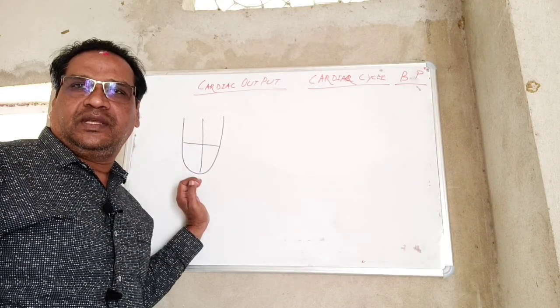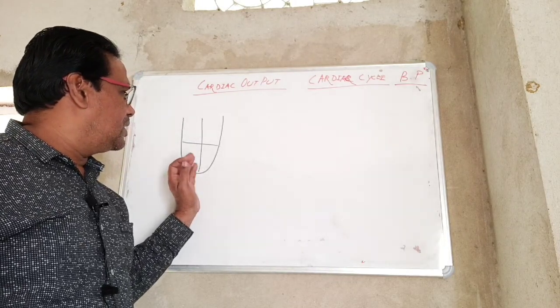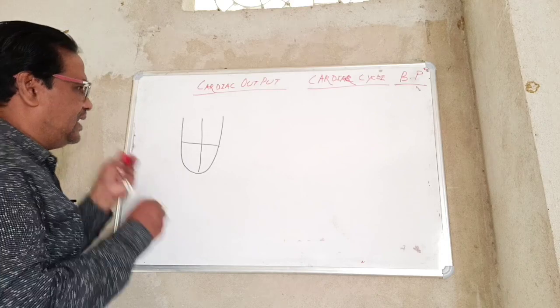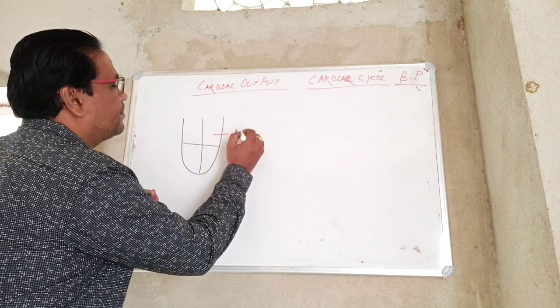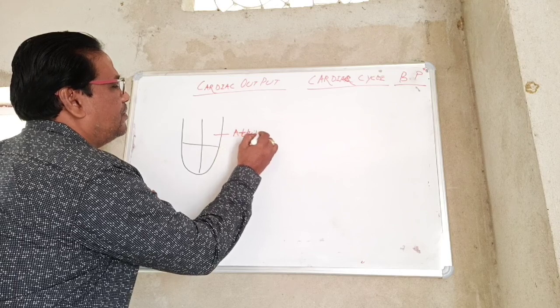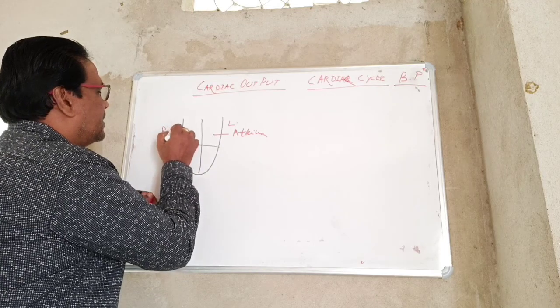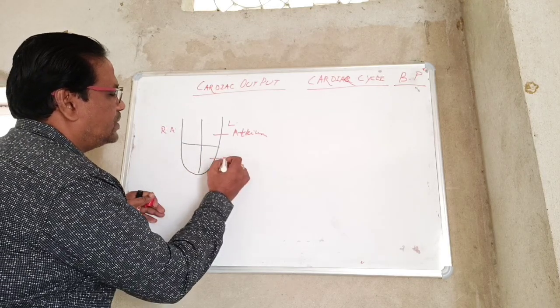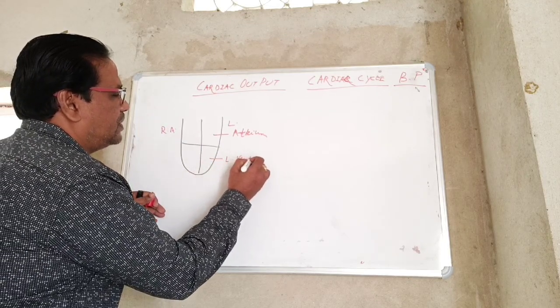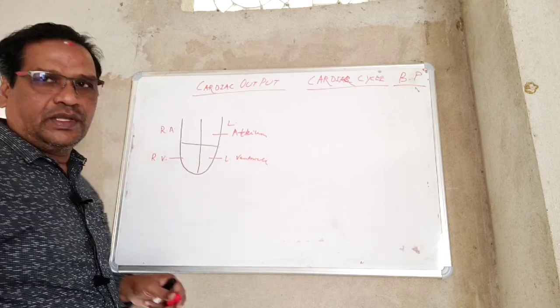When contraction takes place, at the same moment, the ventricle pumps. This is the left atrium, this is the right atrium, this is the left ventricle and the right ventricle.